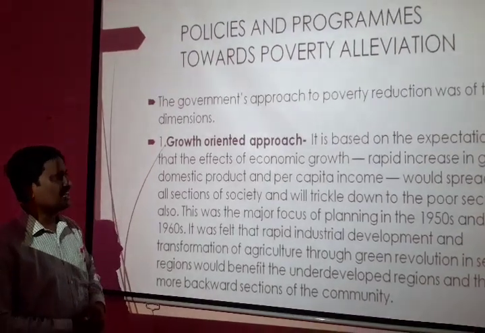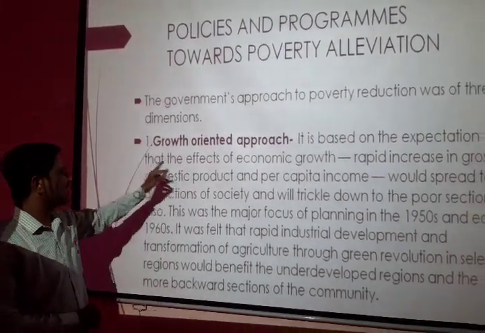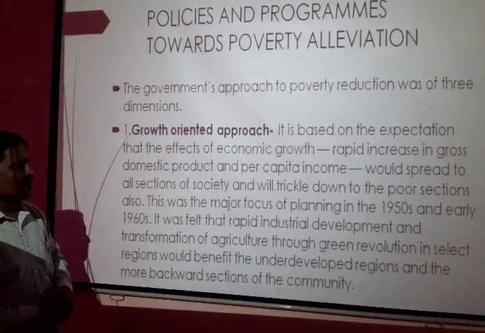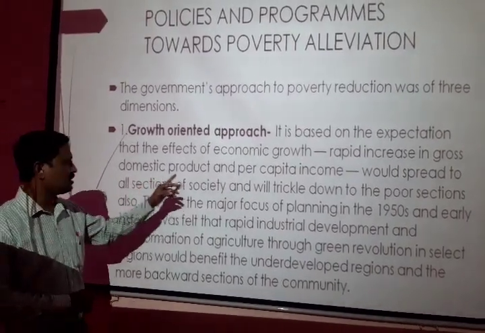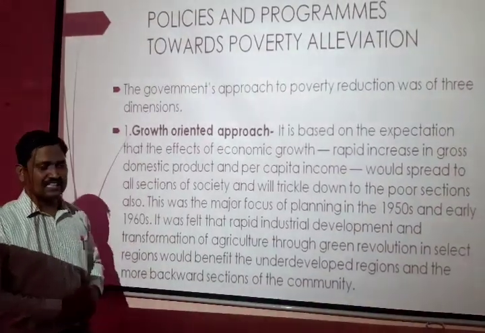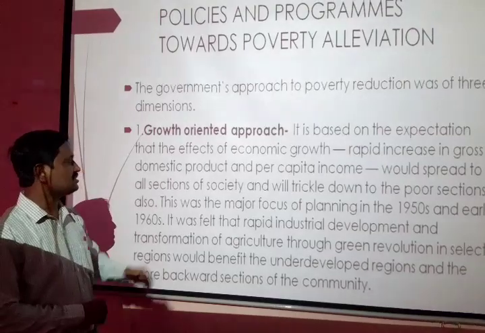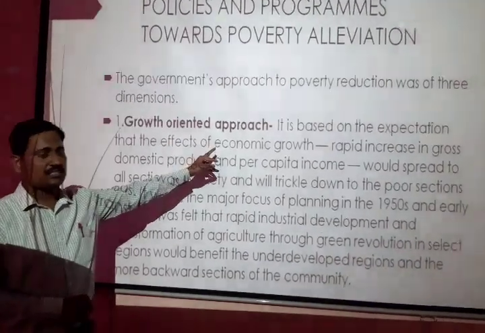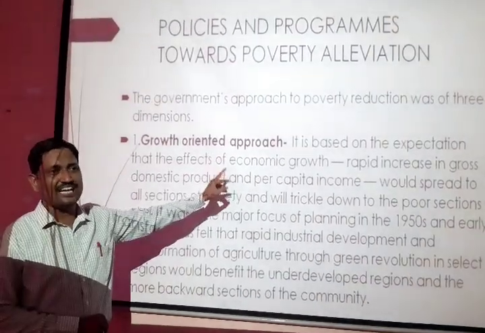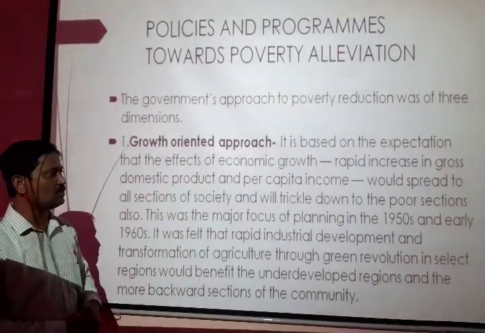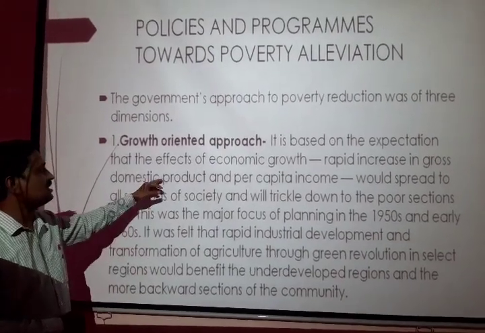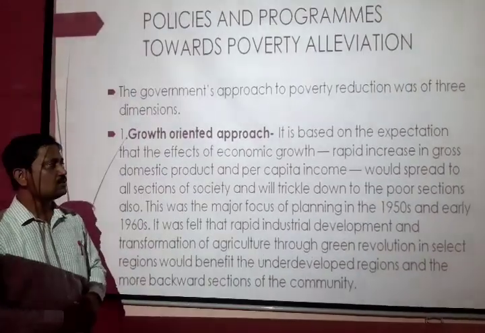It is based on the expectation that the effects of economic growth, a rapid increase in gross domestic product or per capita income. The government thinks that if we increase economic growth, meaning a rapid increase in per capita income, national income or GDP of the economy, then naturally we can reduce poverty.